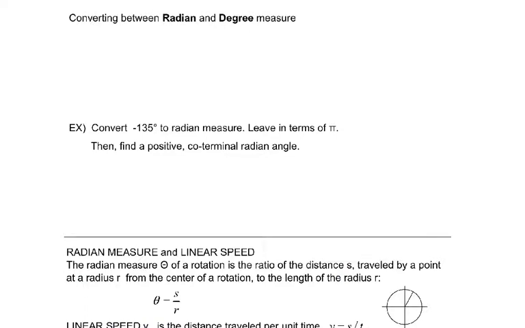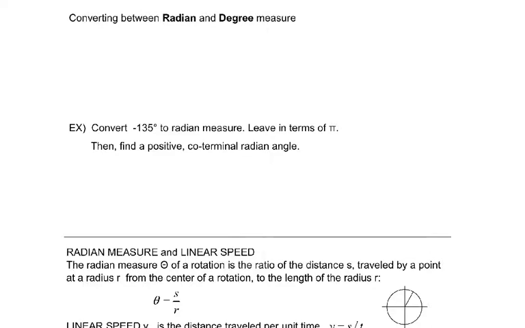So when we think about converting between degree and radian measure, we want to think, well, what do we know? Just like when we're converting between units, say from feet to miles, we say, well, we know that 1 mile is 5,280 feet. So how many degrees are in a radian, or vice versa?